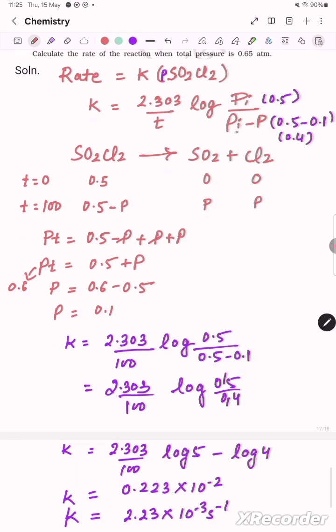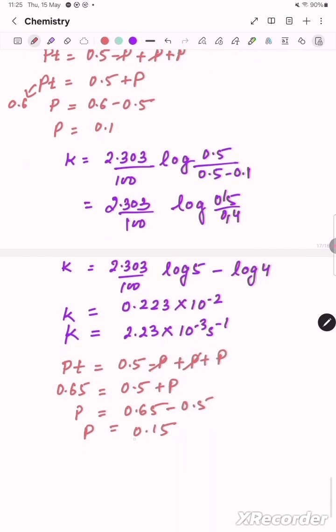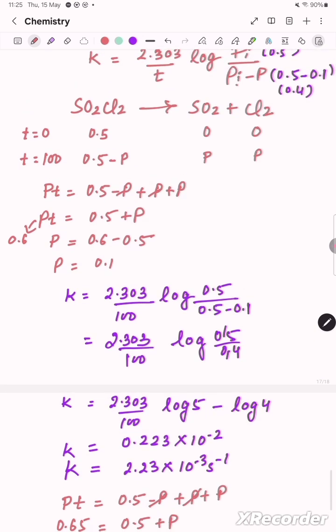Initial pressure is 0.5 and P is 0.15. From this we calculate the pressure of SO2Cl2 when total pressure is 0.65.